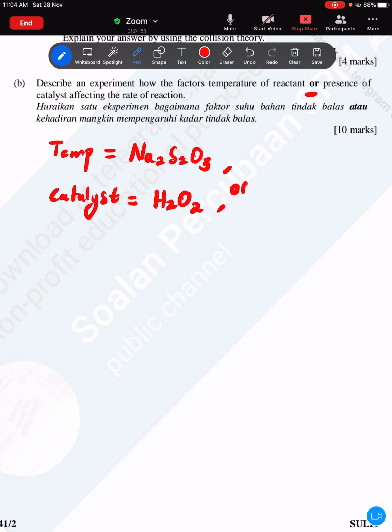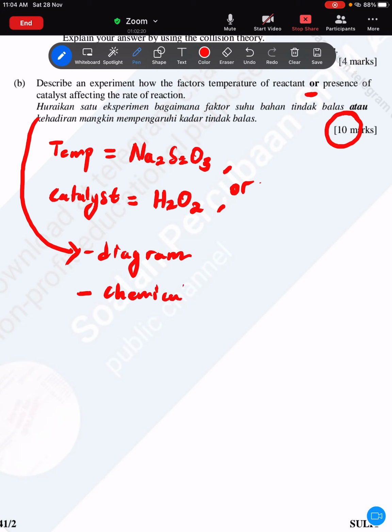So, in my opinion, how to get the 10 marks? What is the starting point for 10 marks? Remember, for this type of question, guys, first of all, you must have a diagram. I give you the rangka, the framework. Then once you have this, please write a chemical equation, followed by the steps, and then the discussion.